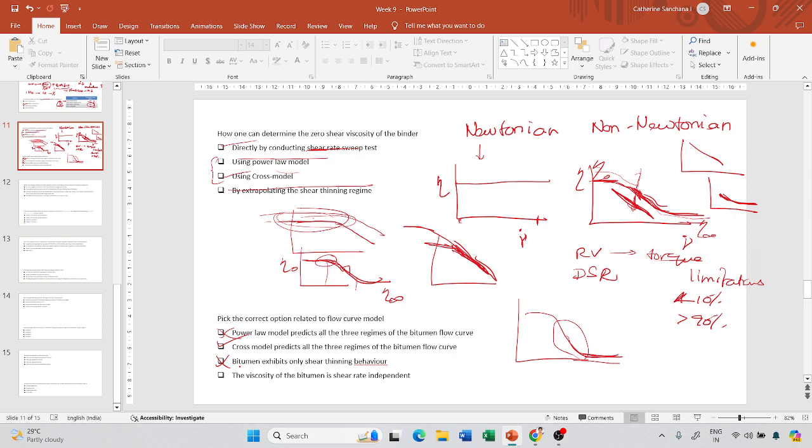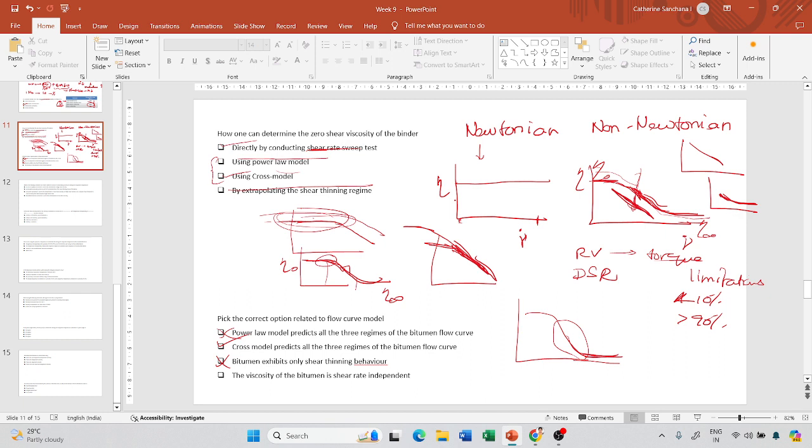That is one of my research works and it is still in progress. So it will not only exhibit shear thinning behavior, it will also exhibit shear thickening behavior, and a Newtonian or constant viscosity depending on the temperature. If the temperature is very high, then it will not exhibit shear thinning behavior at all. It will exhibit only constant viscosity.